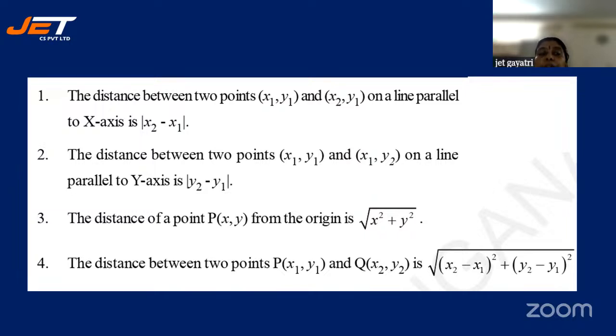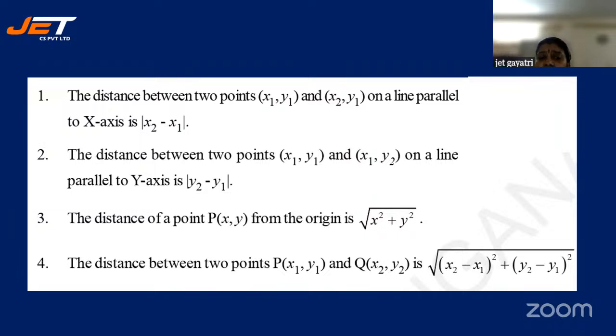The distance between 2 points x1, y1 and x2, y2 on a line parallel to the x-axis is x2 minus x1. All right, next, the distance between 2 points x1, y1 and x2, y2 on a line parallel to the y-axis would be y2 minus y1.